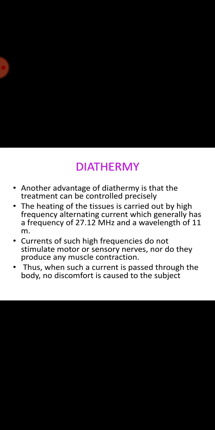The heating of the tissues is carried out by high frequency alternating current, which generally has a frequency of 27.12 MHz and a wavelength of 11 meters. Currents of such high frequencies do not stimulate motor or sensory nerves, nor do they produce any muscle contraction. Thus, when such a current is passed through the body, no discomfort is caused to the subject.